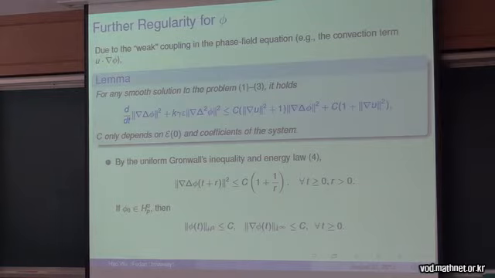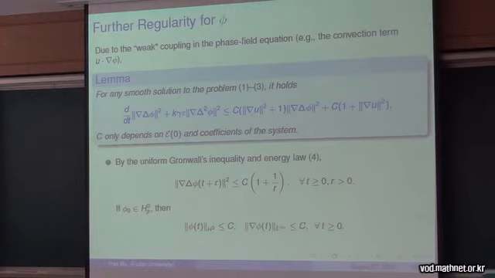And in order to study the existence of a strong solution, the key step is to observe that in this case, we have improved regularity for the phase field. For instance, we can derive the following high order energy inequality, which tells us that if the initial data belongs to H2, then the third derivative of the phase function actually is uniformly bounded for positive time.